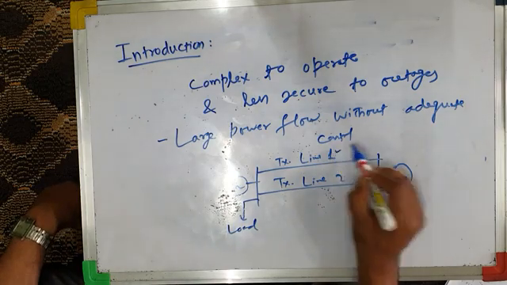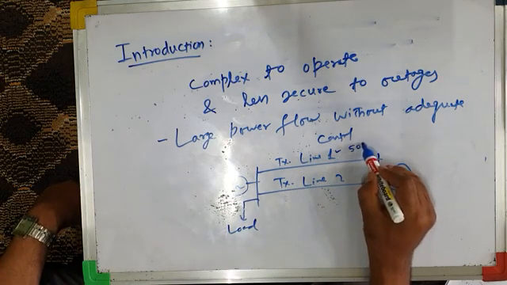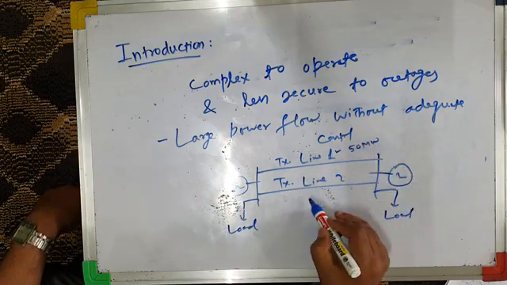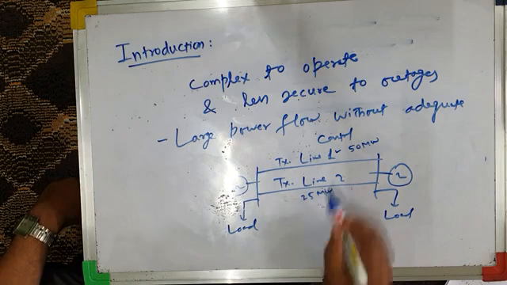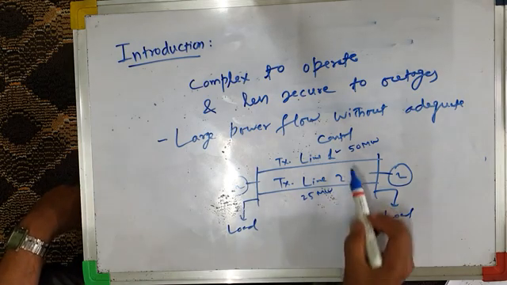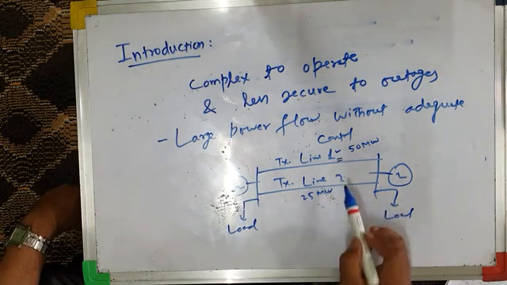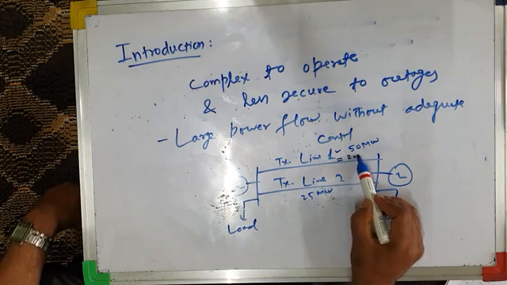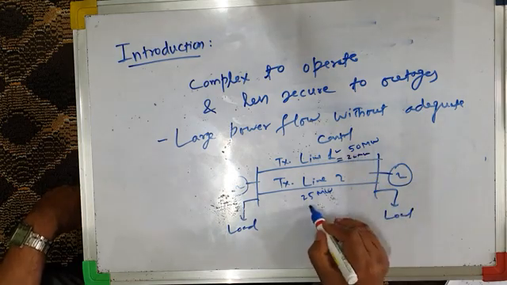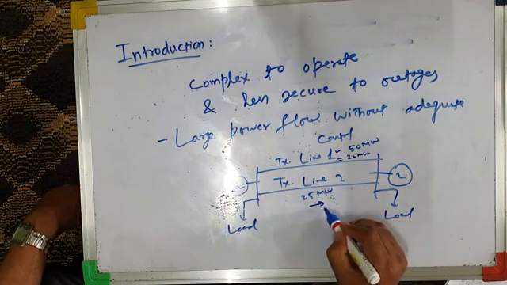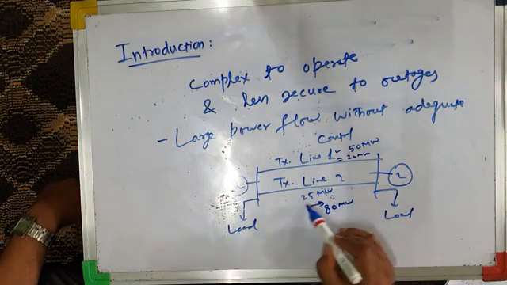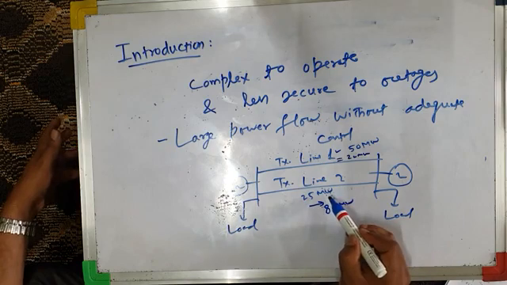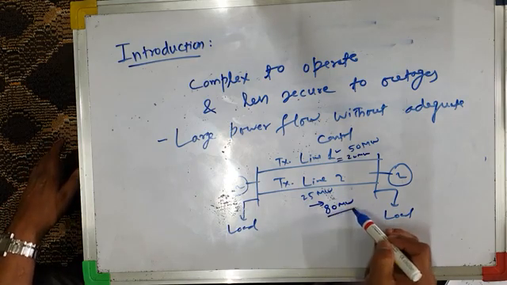Suppose transmission line 1 has a capacity of carrying 50 megawatts and transmission line 2 has a capacity of carrying 25 megawatts. It may so happen that transmission line 1 carries only 20 megawatts out of 100 megawatts, and transmission line 2 carries 80 megawatts.